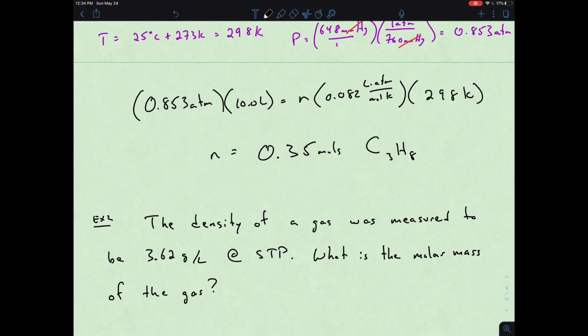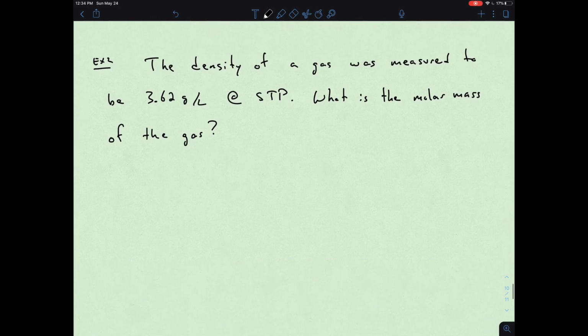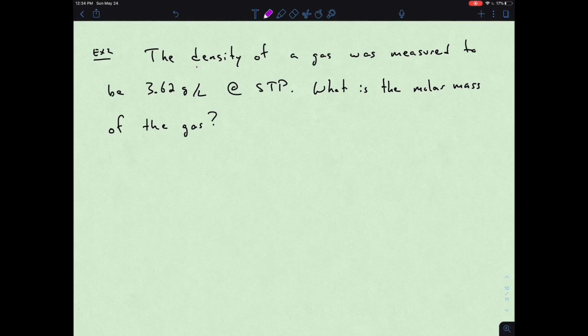What now is the molar mass of the gas? So here we have the notion of density. As soon as I start to think about or see that, I now start to think about the density form of the ideal gas law.